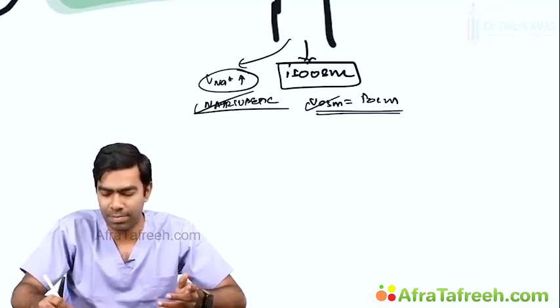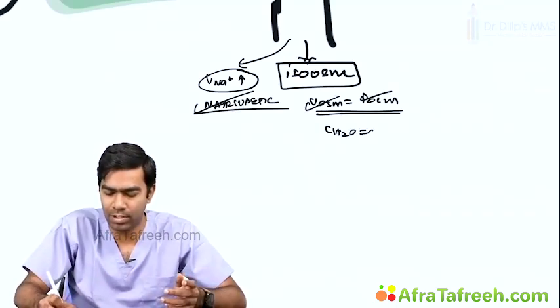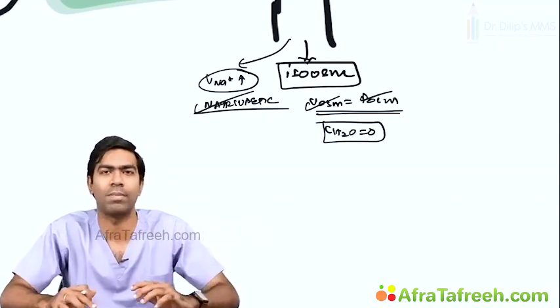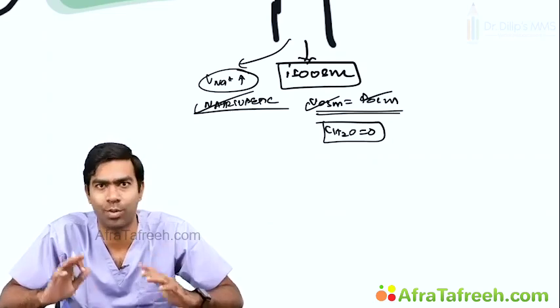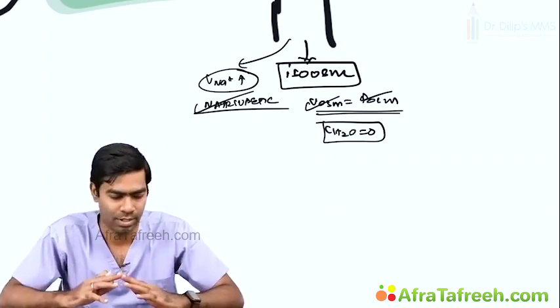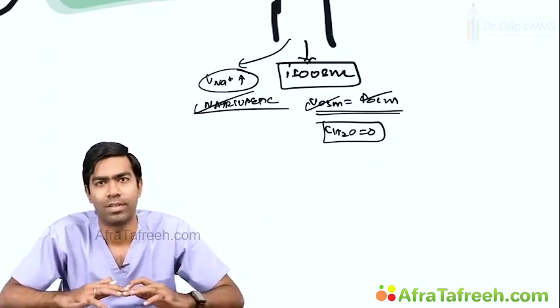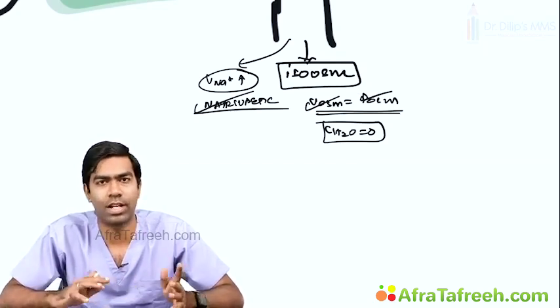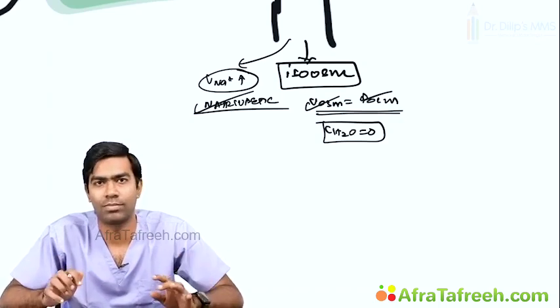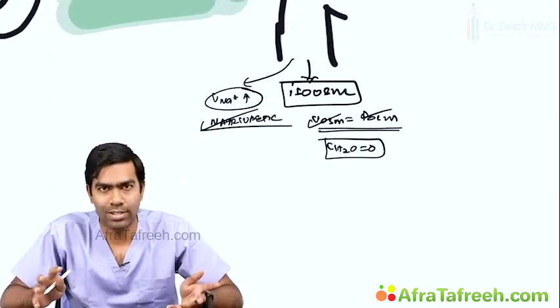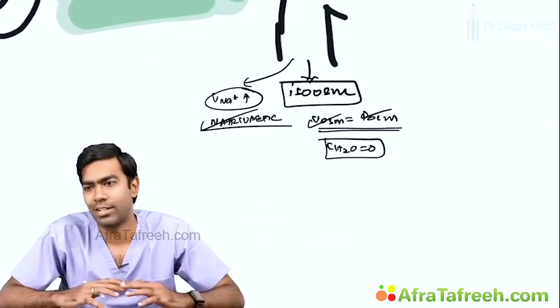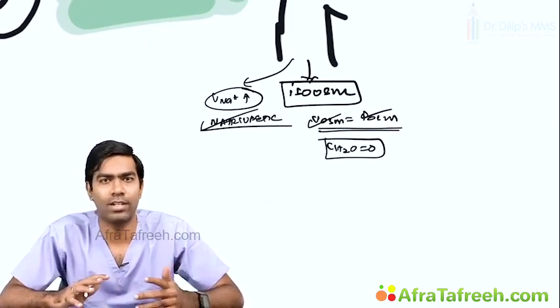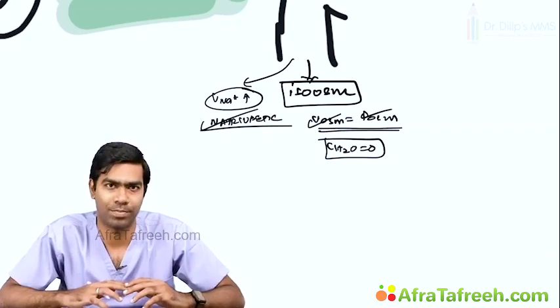Whenever this happens, I can tell the free water clearance is equal to 0. By the previous derivation we saw some time back, the free water clearance is equal to 0 in the presence of a loop diuretic. Very, very crucial point. So it's not positive, it's not negative, it's equal to 0. That also answers the question of why loop diuretics do not produce that much hyponatremia.